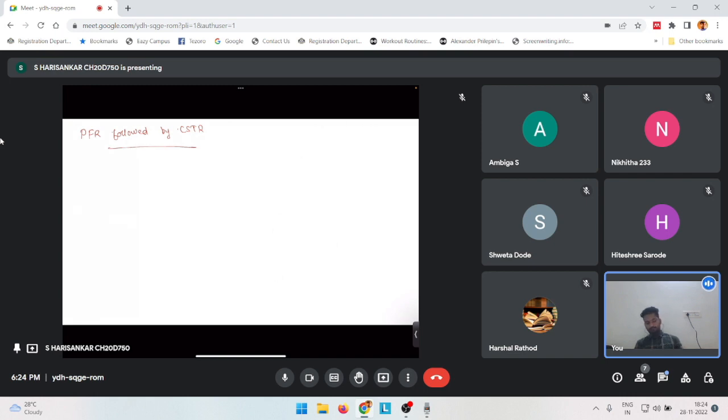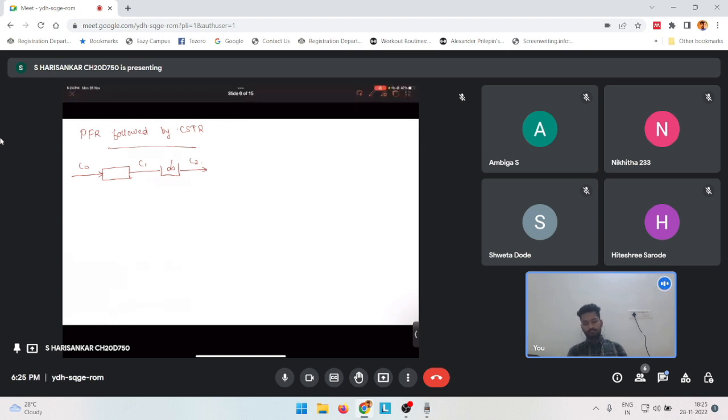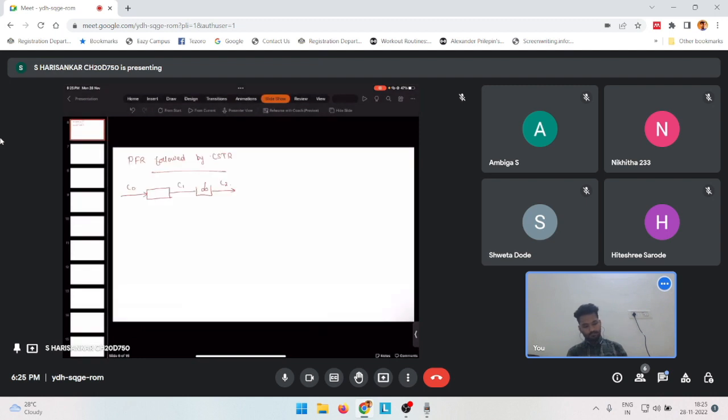In this case, let's just represent this. So let's say C0 is our inlet concentration, C1 is the outlet concentration from a PFR, and C2 will be the outlet concentration from a CSTR. Or actually, take the inverse case.